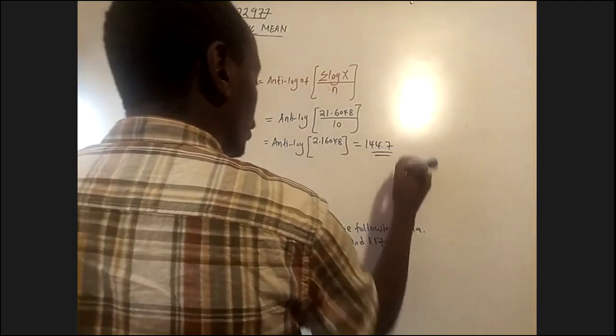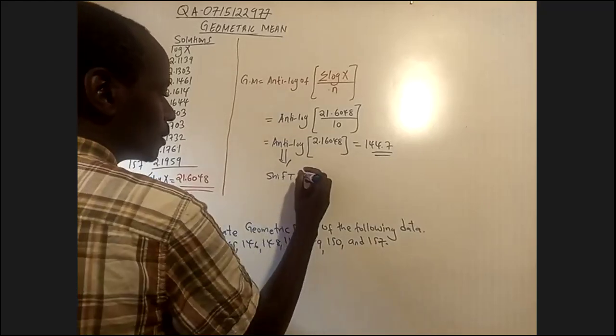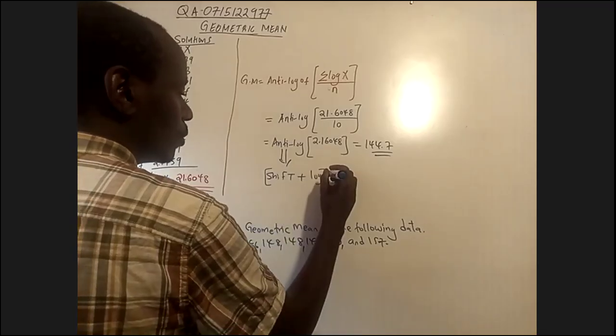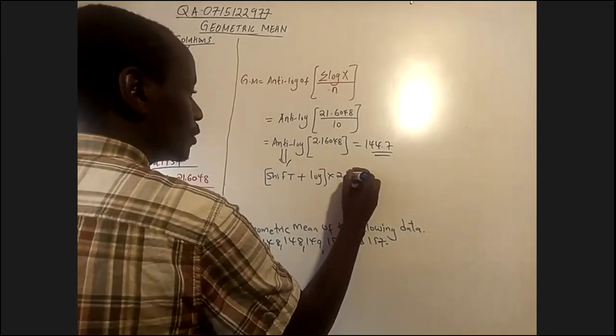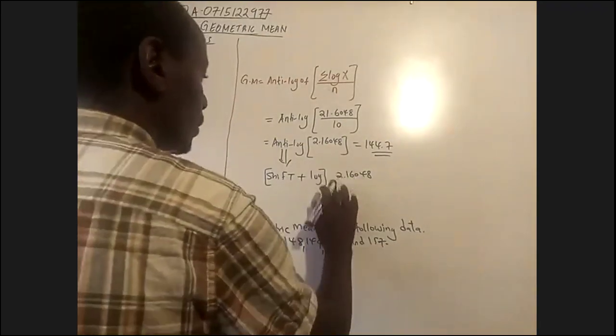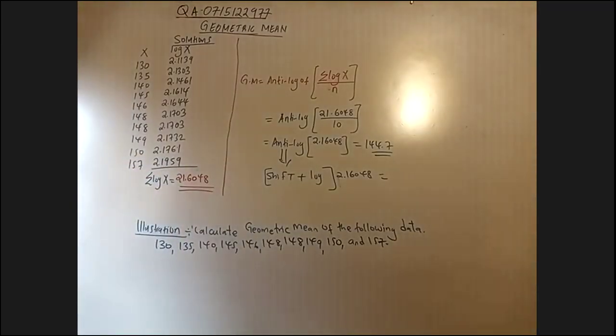For you to get the antilog, unafinya shift plus log, then unaweka hiyo number 2.16048. Usiweke times, uweke tu direct number.